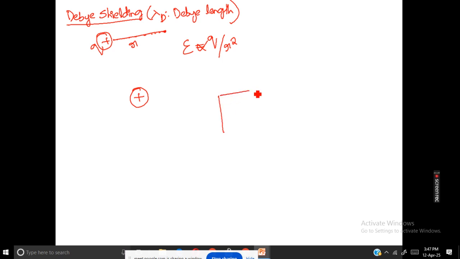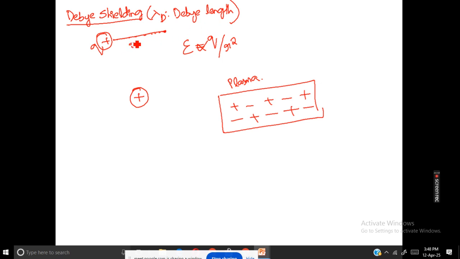Plasma has both positive and negative charges. As we have discussed earlier, it is considered to be quasi-neutral, which means the net charge will be 0. Generally, if we have a positive charge, no matter at whatever distance we take, it will have an electric field associated with it, decaying as the square of the distance.